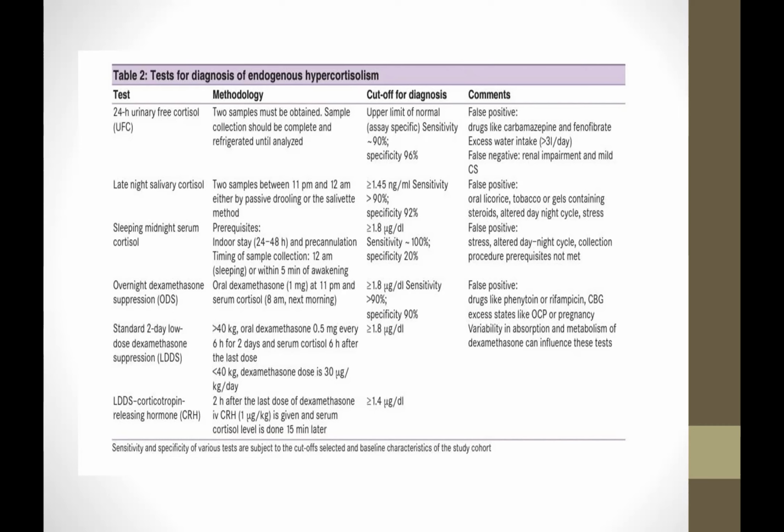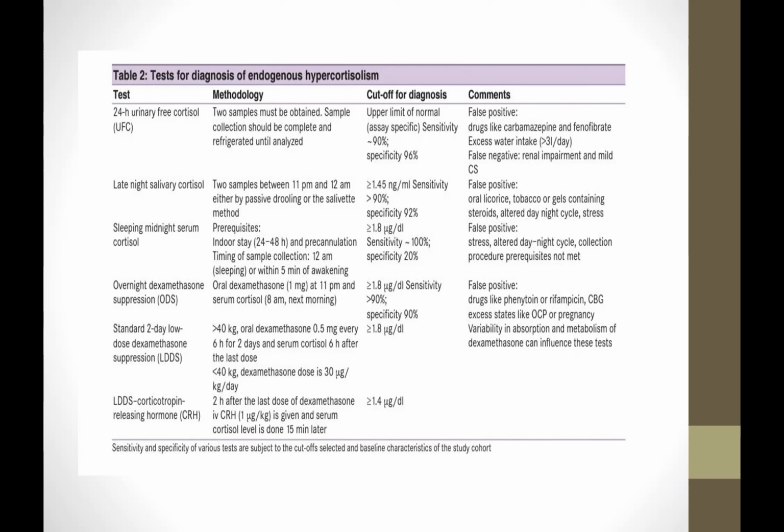Its sensitivity is 100% and specificity is 20%. Overnight dexamethasone suppression test: oral dexamethasone of 1 mg at 11 p.m., and serum cortisol at 8 a.m. next morning will be taken. If serum cortisol level is more than 1.8 micrograms per deciliter, it is considered positive, and its sensitivity is more than 90% and specificity is more than 90%.